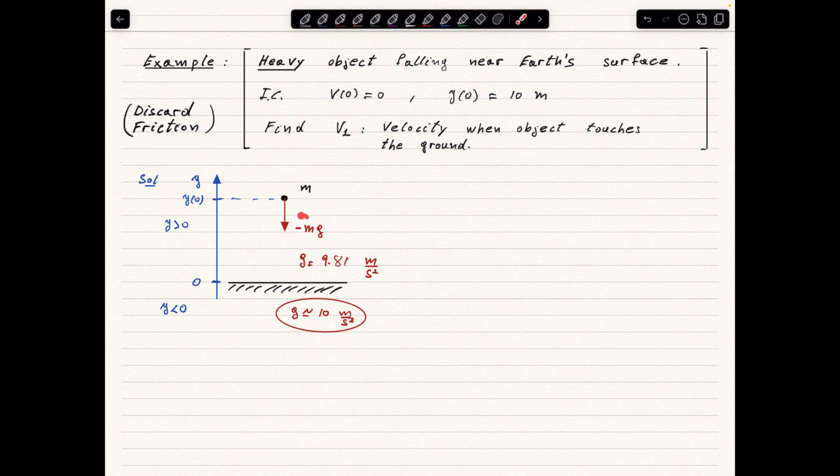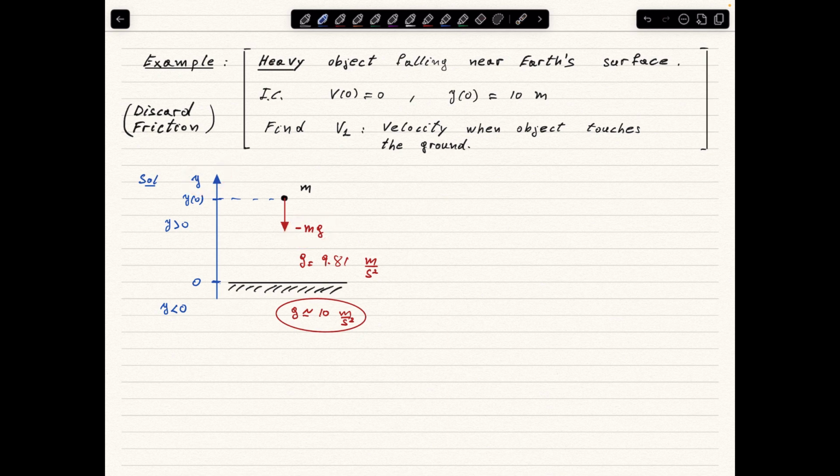And notice now that the force is negative because we switched our coordinate system. For this type of example we are going to put 0 at the ground, but the vertical coordinate as usual is positive upwards. Because we are not hanging things, positive is upwards, and because the weight is always pointing towards the ground, pointing toward the ground is going to be negative.